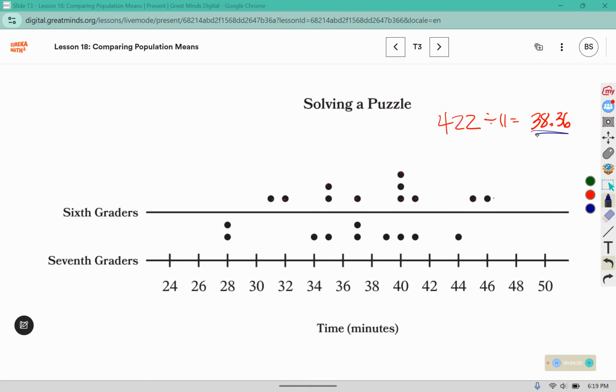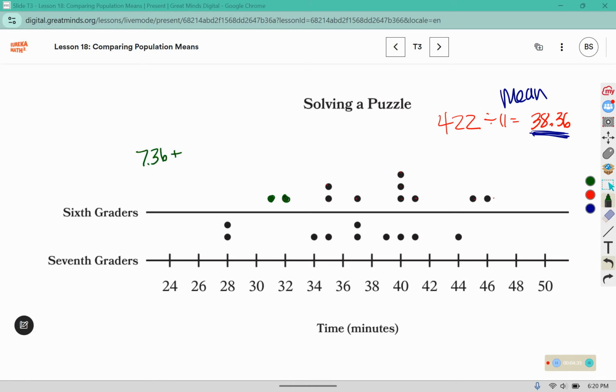To find what's called the mean absolute deviation, we're going to take these values and figure out how far away they are from the mean. So this is called the mean. And for the mean absolute deviation, we're going to subtract 38.36 minus 31 to figure out how far away it deviates from the mean, which is 7.36.